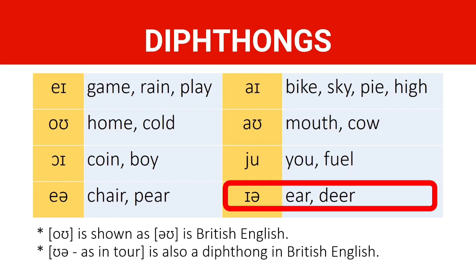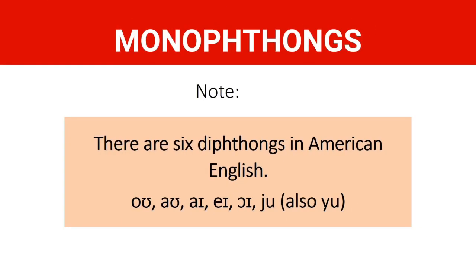Ear: dear. This sound is commonly used in British English, following the R sound. Ear, dear. Note: there are 6 diphthongs in American English. O, ow, I, a, oi, you.